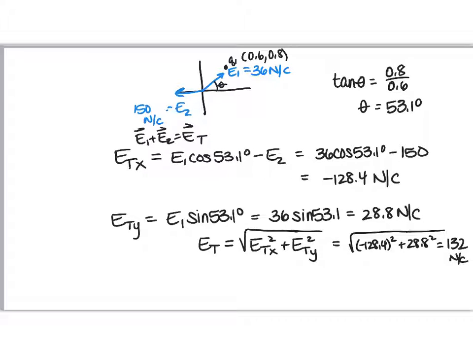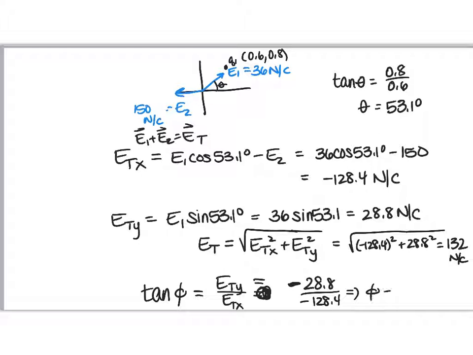In order to find the direction, I find the tangent would be given by the y value over the x value. I do have to put in the sign here, so I get 28.8 over minus 128.4. My angle I get is minus 12.6. Now, this is a reference angle, because when you used your calculator, it didn't know if your x or y value was negative.